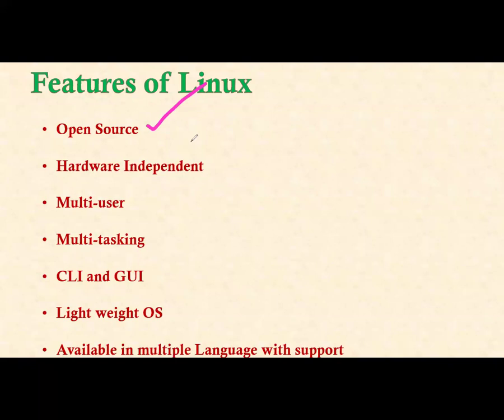Coming to Windows Server operating system, Windows Server operating systems are not free. We have to pay money. Windows Server operating systems are probably free up to like 180 days. That is for 6 months. Once these 180 days are over, we have to pay money and we have to use this Windows Server OS. But coming to Linux, maybe someone has installed the Linux Server operating system in the year 2014.